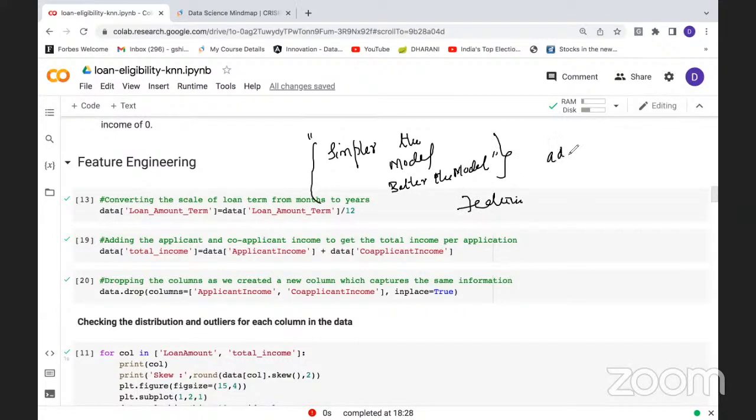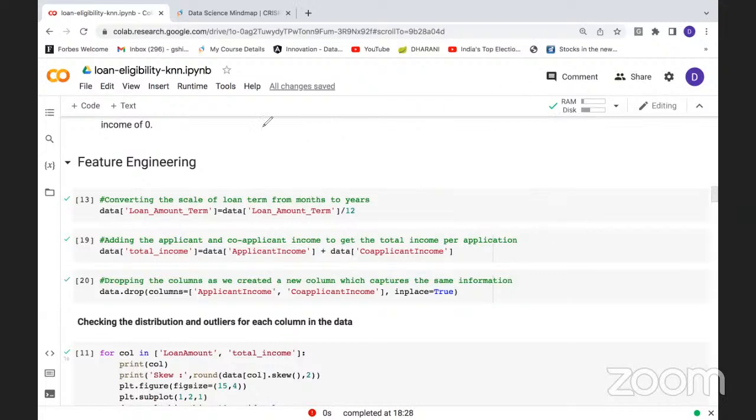You can add them, subtract them, multiply them, apply log, make a division, anything you want, so that you can reduce the features.